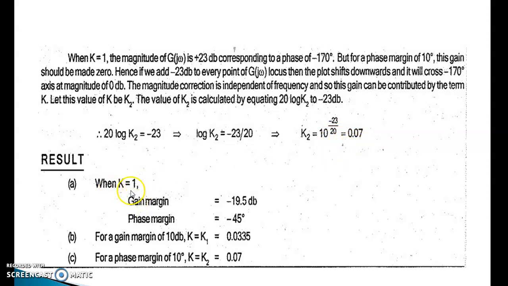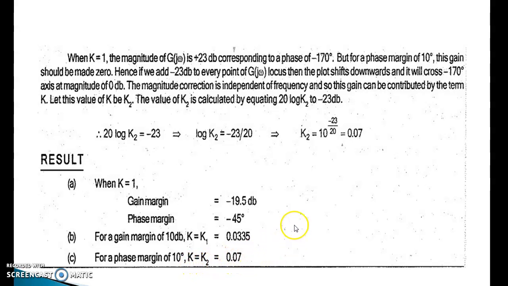Result: when k is equal to 1, the gain margin is equal to minus 19.5 decibel. Phase margin is equal to minus 45 degree. Second, for a gain margin of 10 decibel, k is equal to k1 is equal to 0.0335. For a phase margin of 10 degree, k is equal to k2 is equal to 0.07.